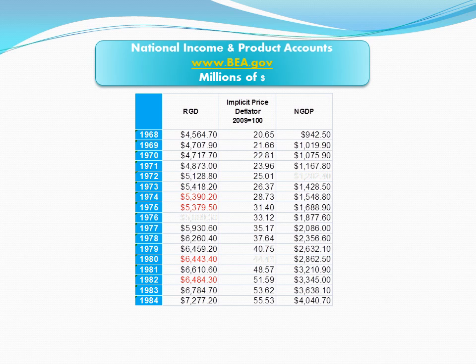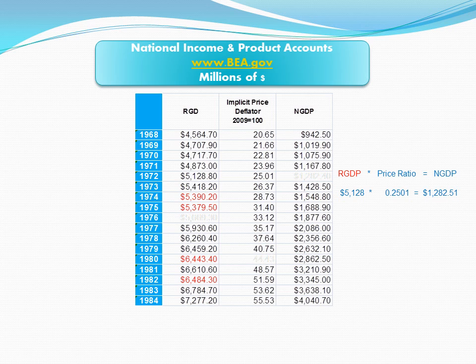But let's get the calculation straight. Let's go back and do one of these. Our basic equation, real GDP times the price ratio, gives us nominal GDP. Alright, so real GDP of 5128 times the price ratio of 0.2501.